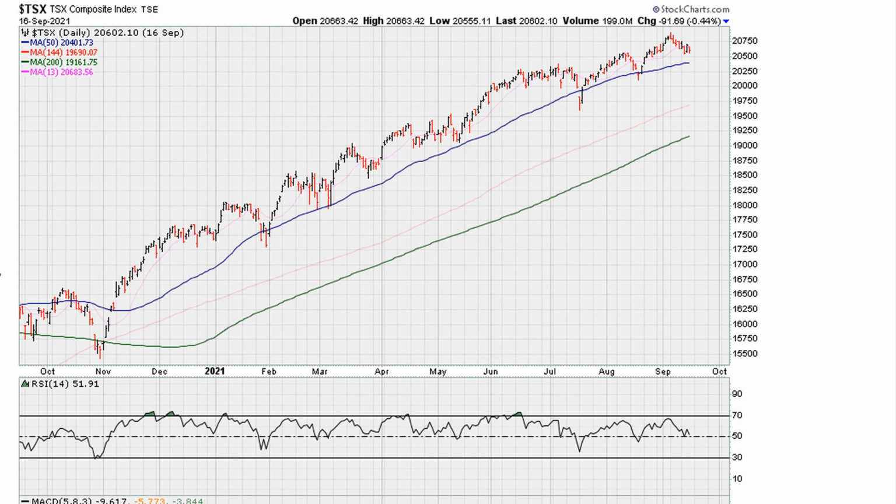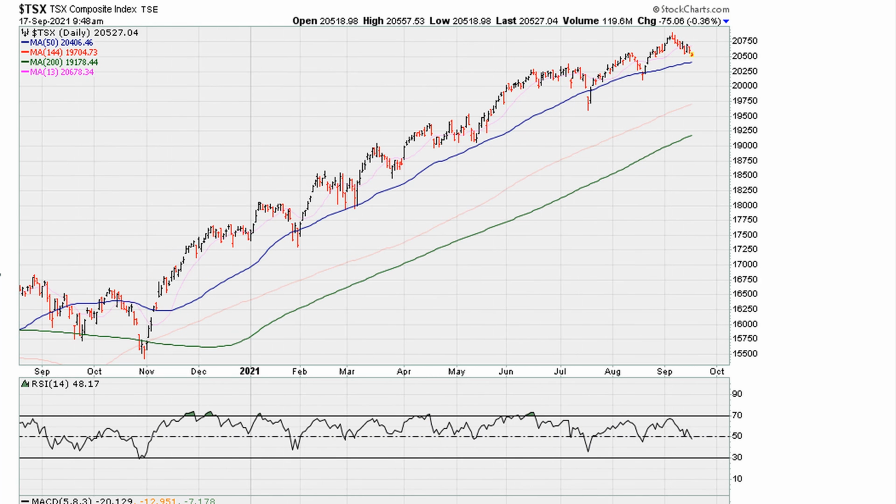The Canadian market yesterday, the 16th of September 2021, closed with its RSI at about 52-ish. And we can see that if I update this chart, now the RSI for the TSX in this early morning trading is below 50, trading at about 48.1.